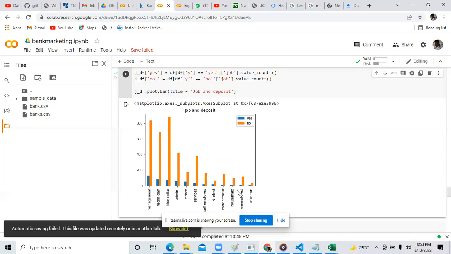Because these banks, they have millions and millions in their marketing budgets, and they don't want to waste their time targeting someone that is unemployed, a housemaid, an entrepreneur or a student. Now it's easy because this particular feature is very easy to figure out. But sometimes some other features are not easy to figure out, so you have to see them from visualization and just write, target these guys, and then you get paid. I mean, this is just insights.